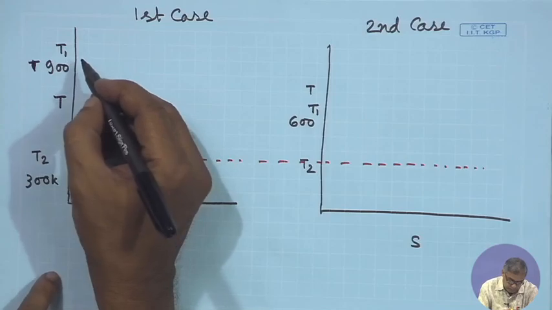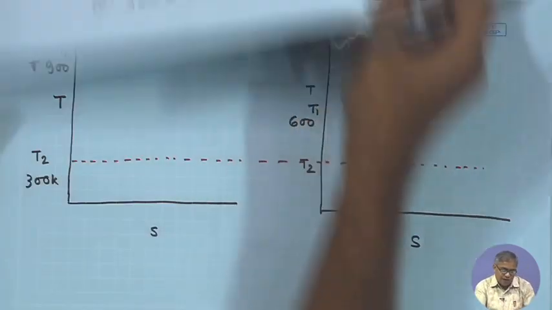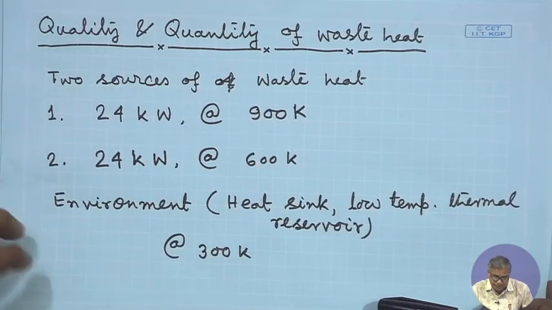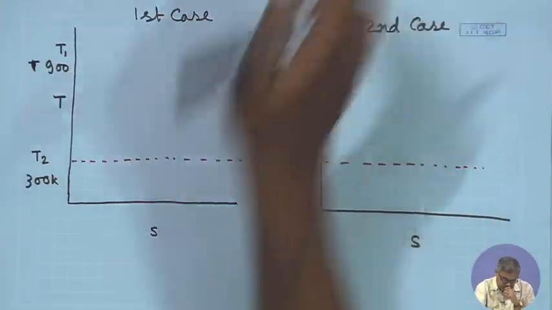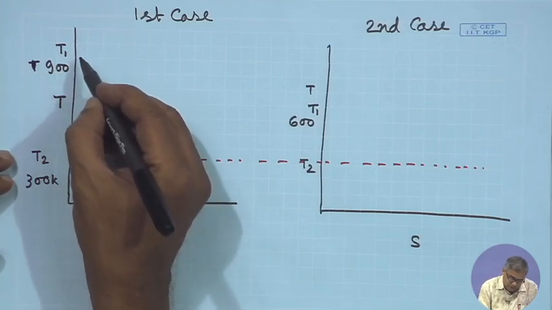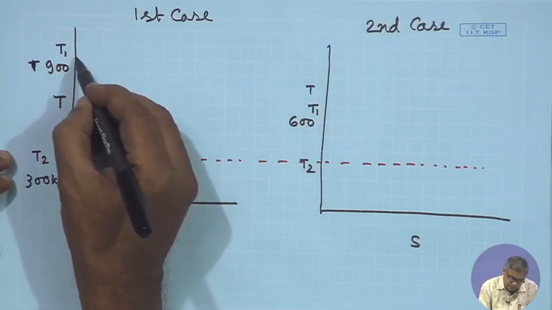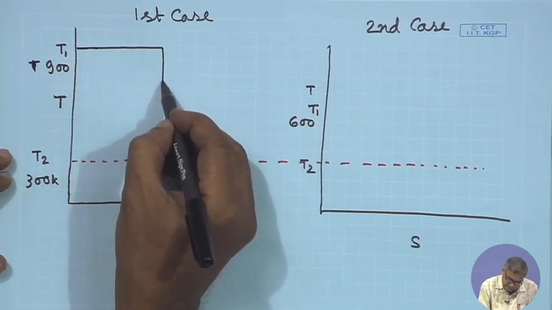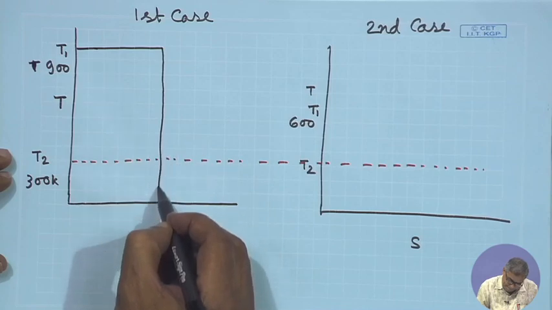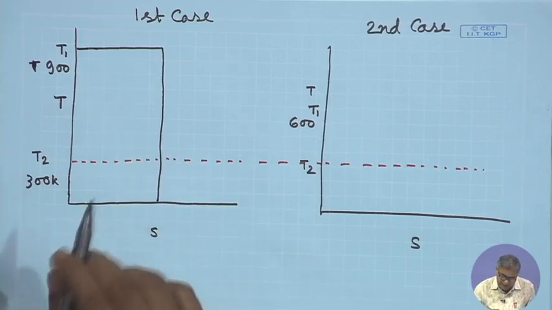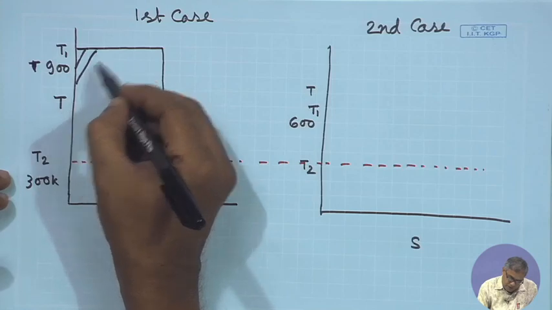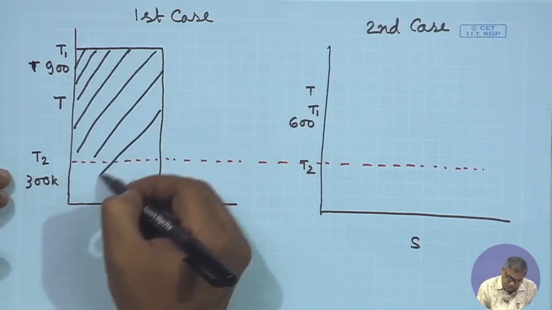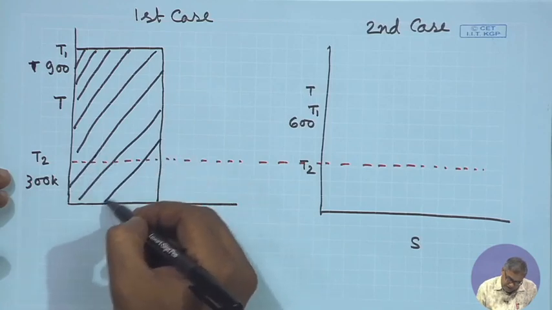In both the cases we had 24 kilowatt of thermal energy available from the waste heat source. So, 24 kilowatt of thermal energy will be represented like this, and the way we have done earlier, let us put some shading or hatching.